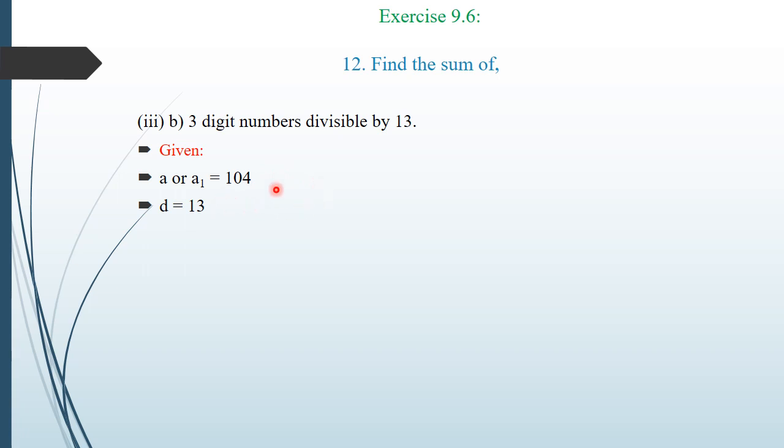Now the common difference will remain the same, 13 always, because whatever I have mentioned earlier, divisible by whichever number is there, that itself will be the common difference. And the last 3-digit number divisible by 13 is going to be 988. This you can verify by considering 1000, because 1000 is a 4-digit number, so that we will not consider.